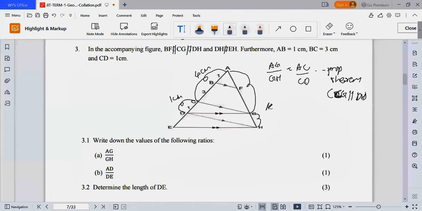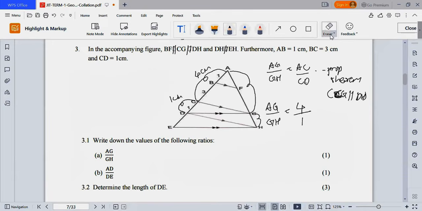Now, from here, we just simply say AG over GH is equal to AC is 4, and then CD is 1. So the ratio becomes 4 over 1. So you just leave it like that in ratio form. Then AD over DE, let's go ahead and identify AD over DE.